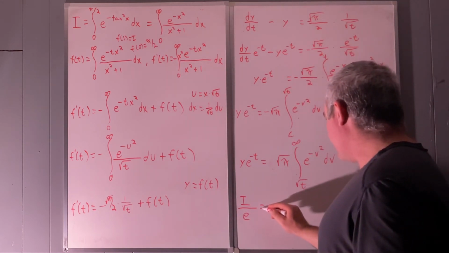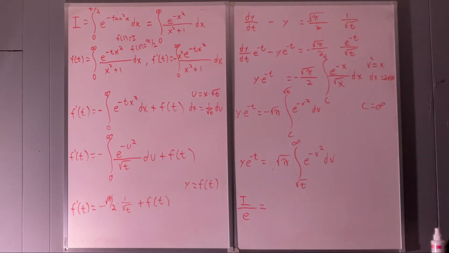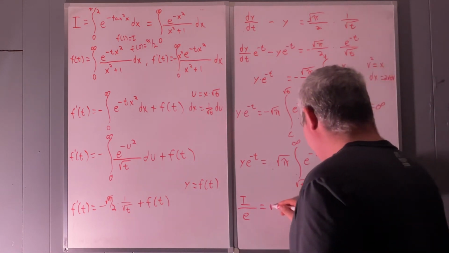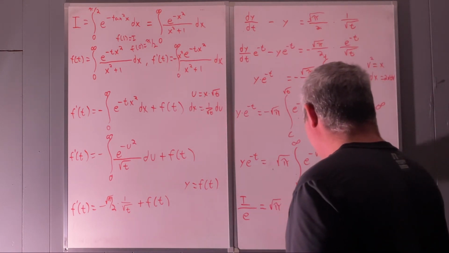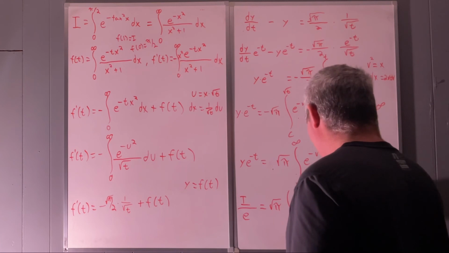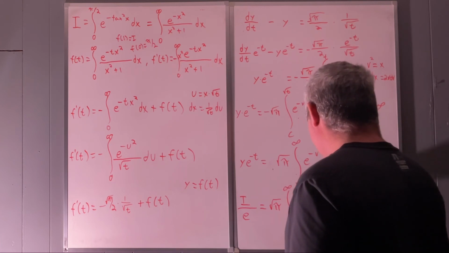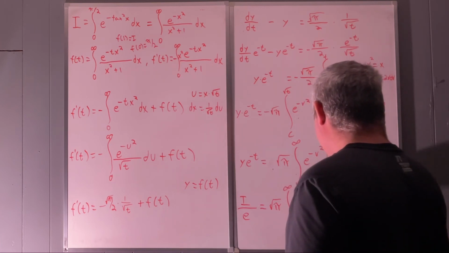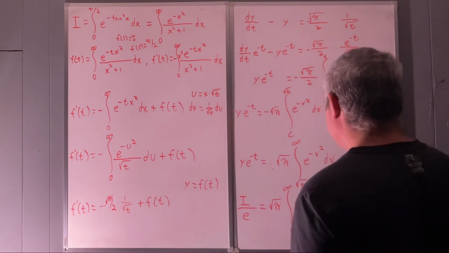That's going to be equal to the square root of pi times the integral from 1 to infinity of e to the negative v squared dv.